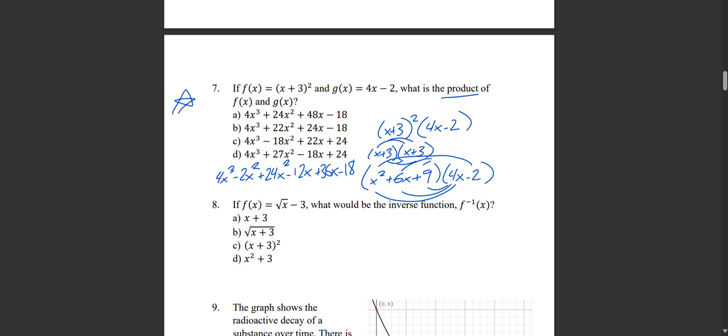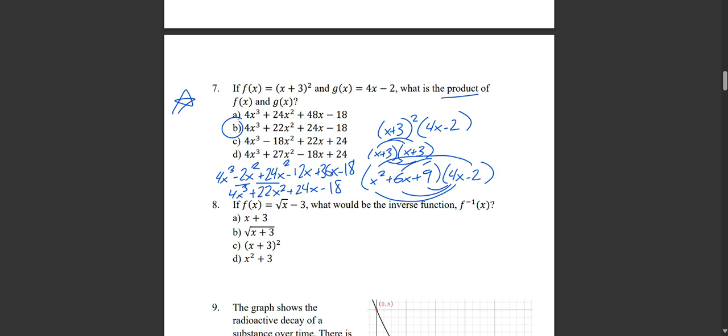So let's see. Looking like it's got to be B because these will combine to make a 22x squared. 36 minus 12 is 24x. And then there's a negative 18 in there.